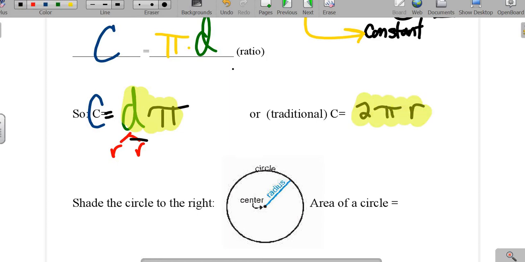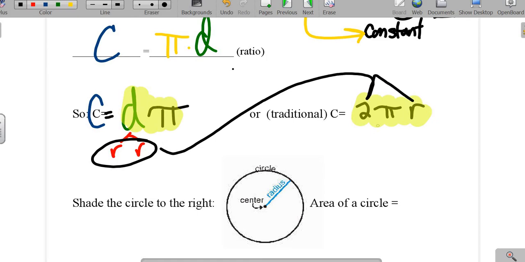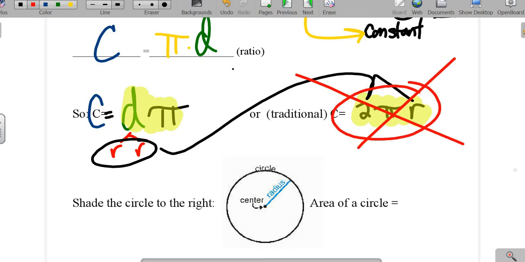They're the same thing. Why? Because 2 radii right here is equivalent. However, I will personally never, ever, ever use that as the definition of circumference. I prefer you to use C equals diameter pi. There's a reason why. Because this particular definition of circumference gets mixed up with area very easily.